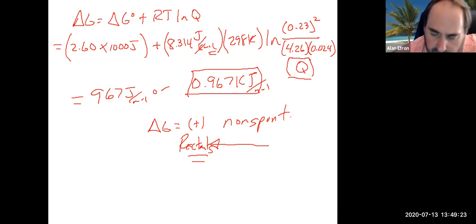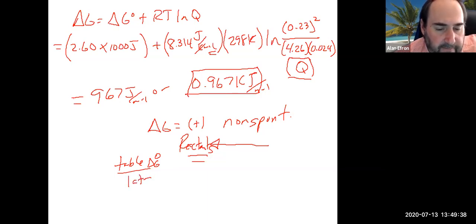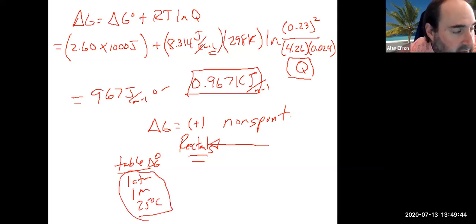And just a reminder, standard conditions are the table-type conditions, where you see those little knots next to delta G naught, delta H naught, and all those things. 1 atmosphere, 1 molar, and 25 degrees Celsius are our standard conditions for most tables that you look up. Those are the conditions at that point. Any questions on that?